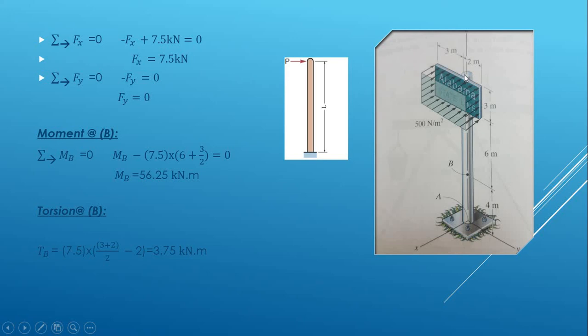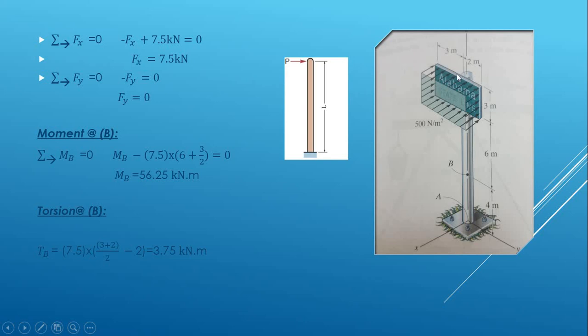We can calculate the torsion. The concentrated load will be at the center of the signpost, which means at a distance, since this is 5 meters, over 2, 2.5. The concentrated load will be at 2.5 from here, and here we have 2.